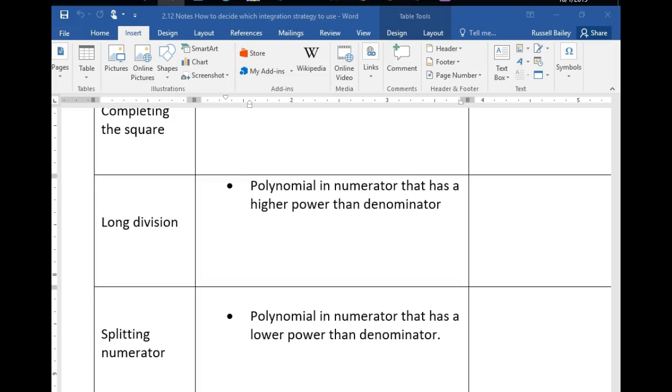Polynomial in the numerator that has a higher power than the denominator. So for instance, if I had this, x squared plus 1 over, well, 2x plus 1 over x minus 3, you could do long division with that because the power in the top is greater than the power in the bottom.